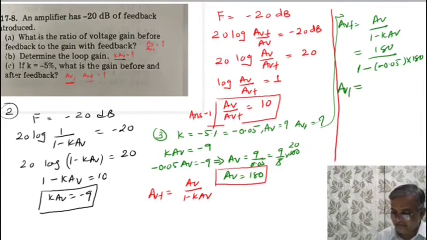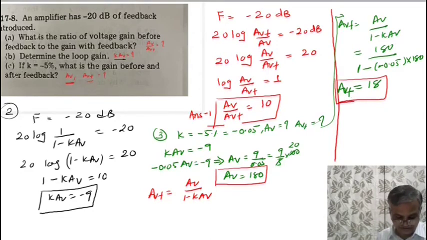So AVF you can calculate. If you calculate AVF, you will get nearly 18.